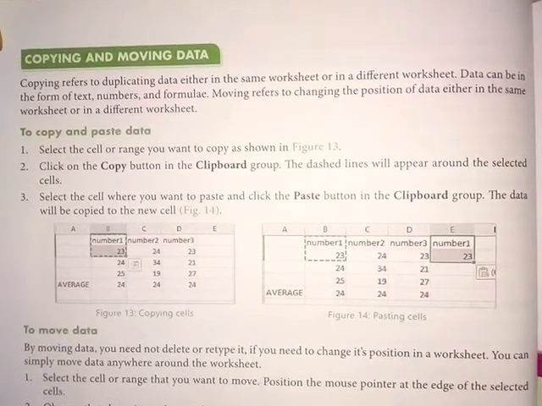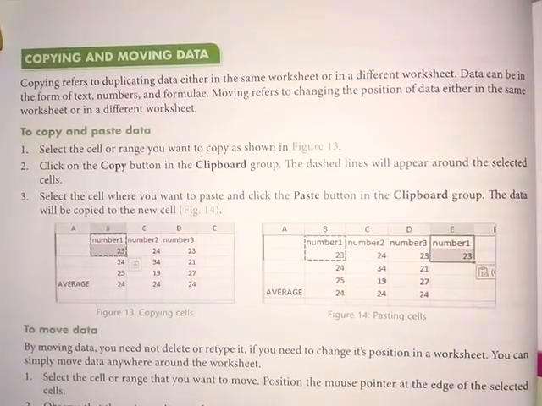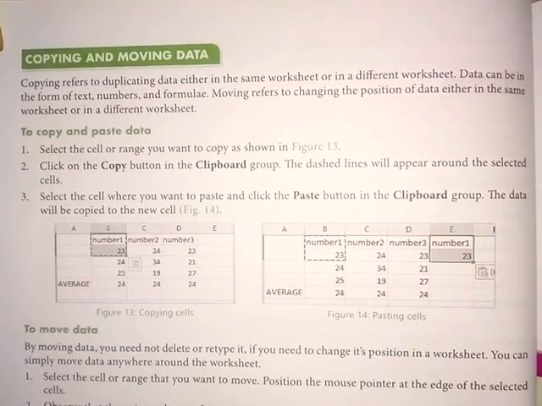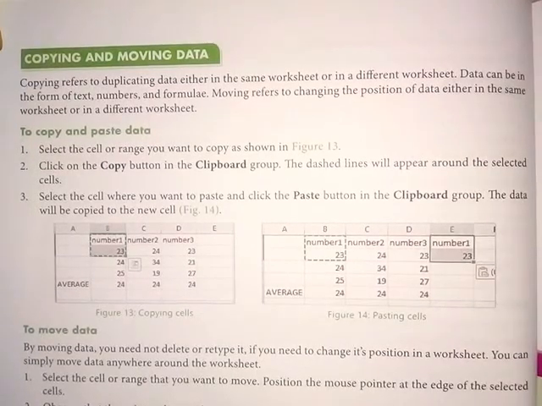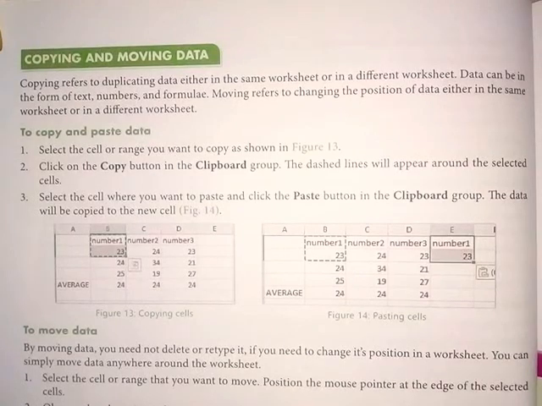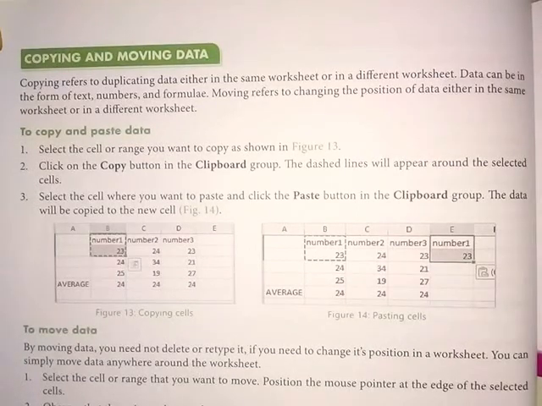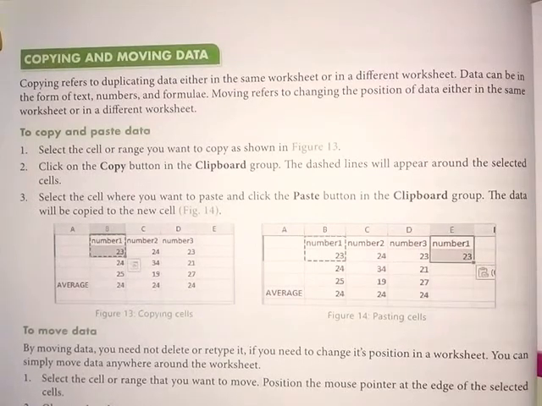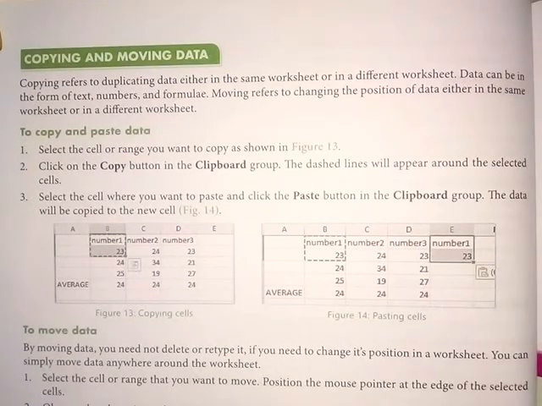To copy and paste data, first select the cell or range you want to copy. Second, click on the Copy button in the Clipboard group. The dashed lines will appear around the selected cells. Select the cell where you want to paste and click the Paste button in the Clipboard group. The data will be copied to the new cell.